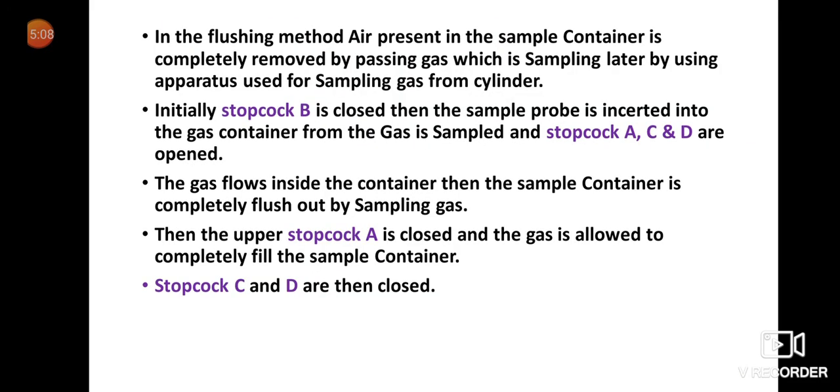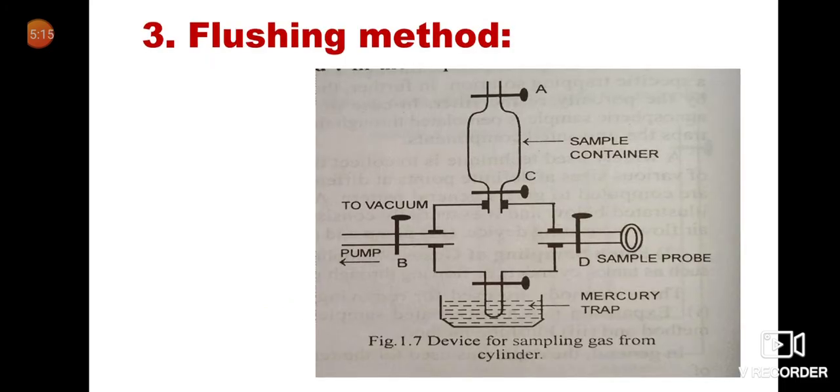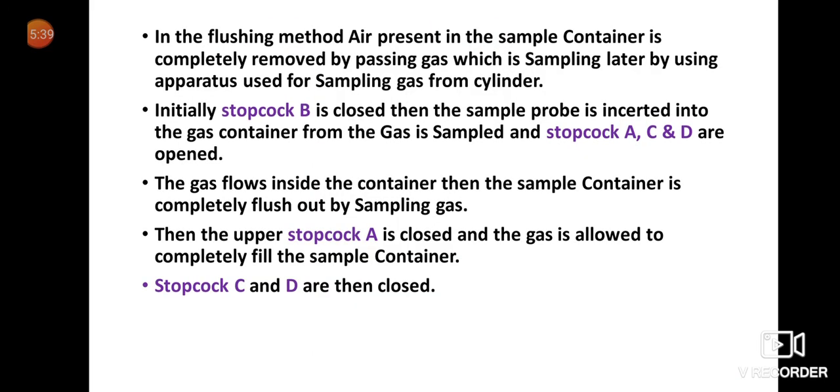After the sample container is completely filled, stopcocks C and D will be closed. Then we can remove the sample container and analyze the gaseous sample that we have collected using this device. So this is about the flushing method.